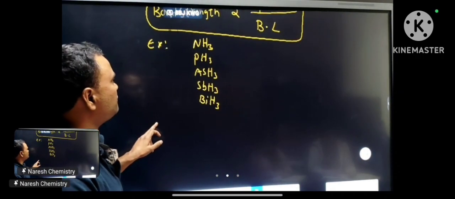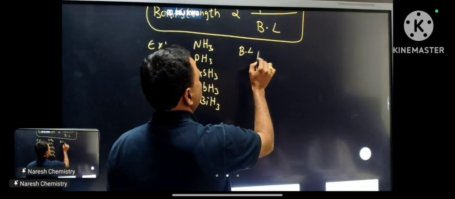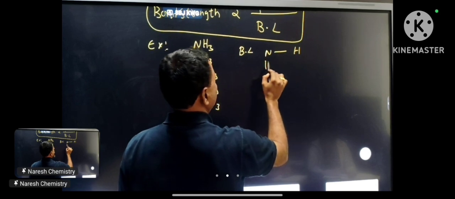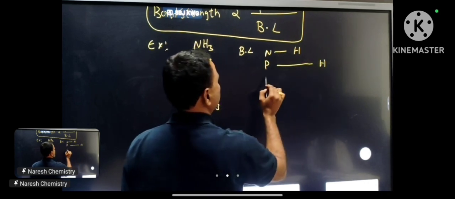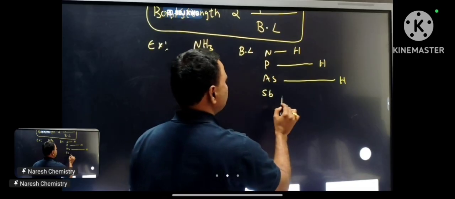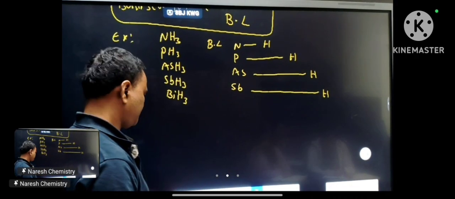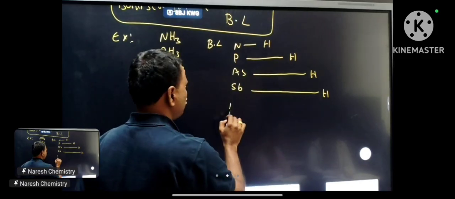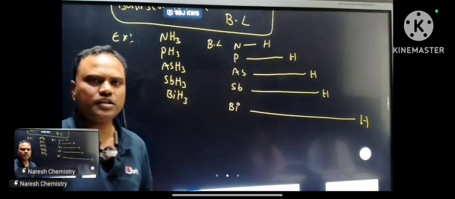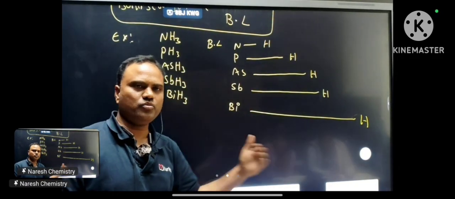First of all, tell me the bond length order. Let us compare bond length: NH, PH. This is bond length, as I gave at the beginning. As size increases, bond length increases.